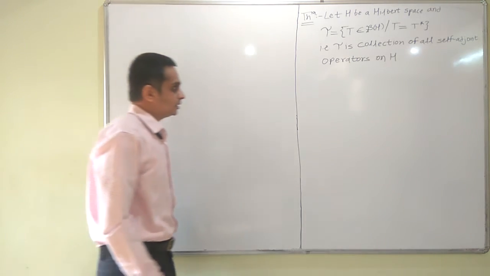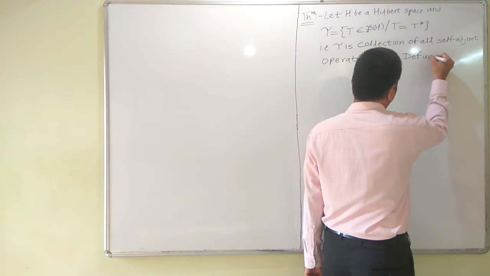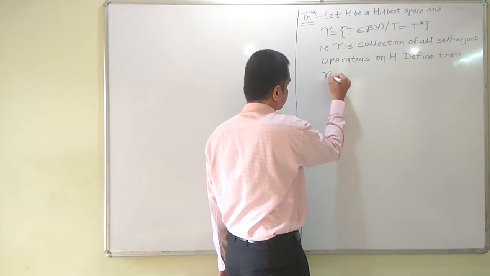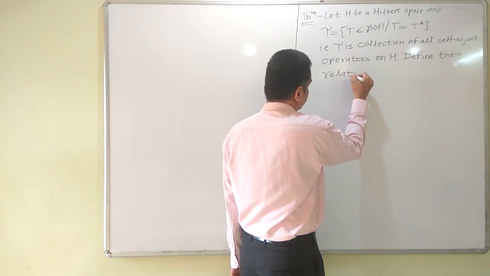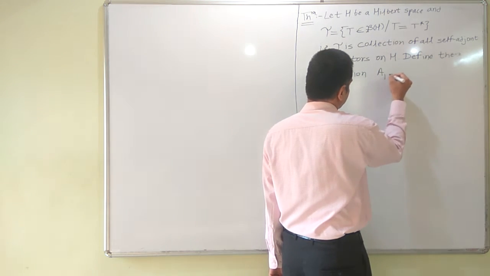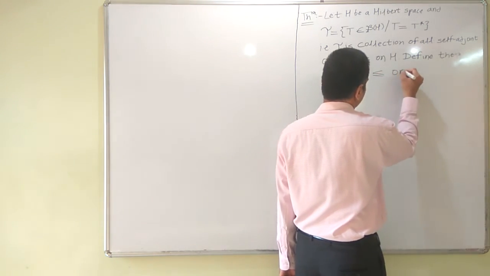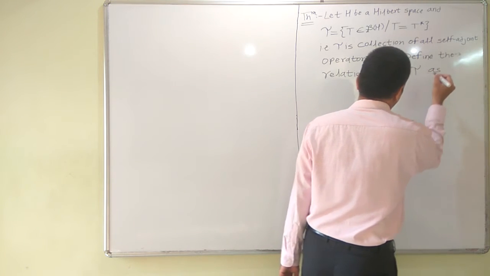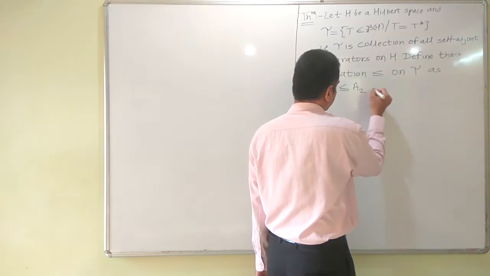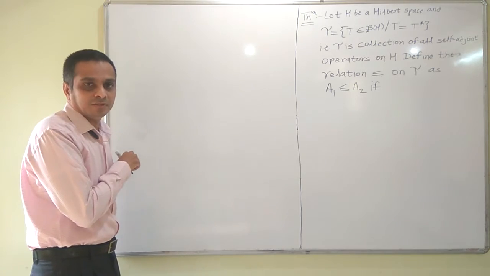Define the relation A1 is less equal to A2 on tau as follows: A1 is less equal to A2 if and only if, and this if is actually if and only if.